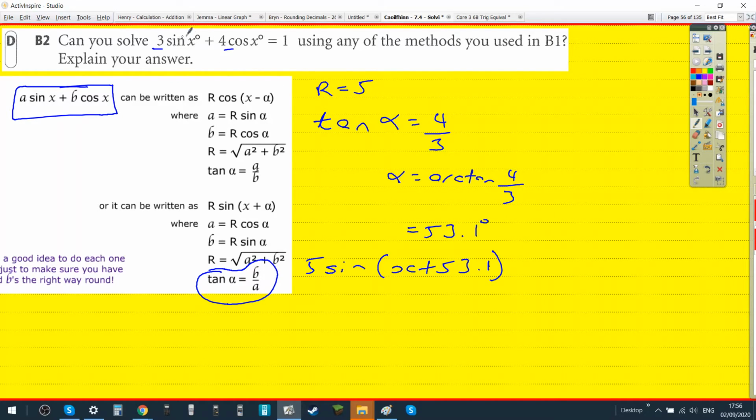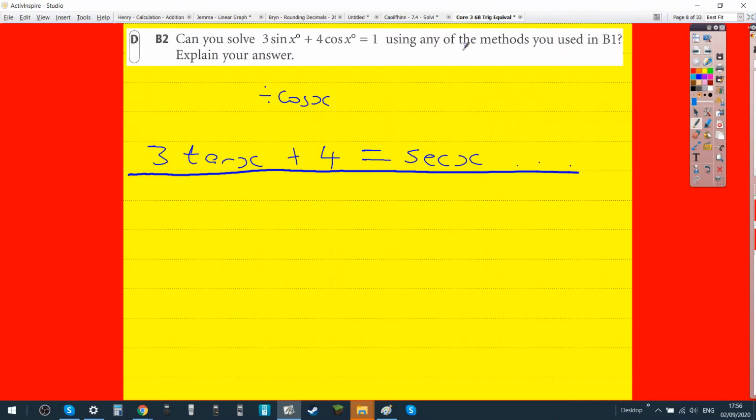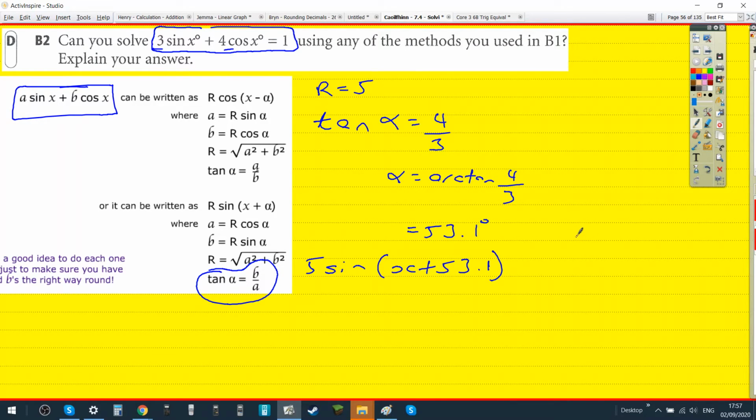Solve. We tried to solve this, we couldn't. But now there's only one thing. Yep. But what's it equal to? Oh, 1. Okay, so it's equal to 1. So let's let a equal x plus 53.1.